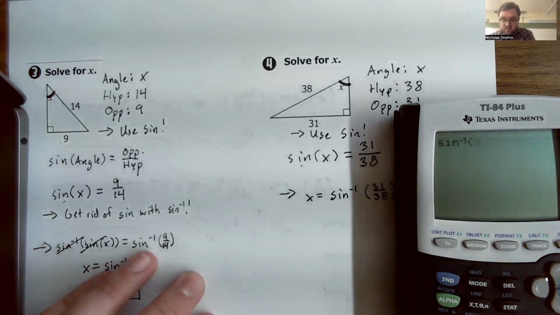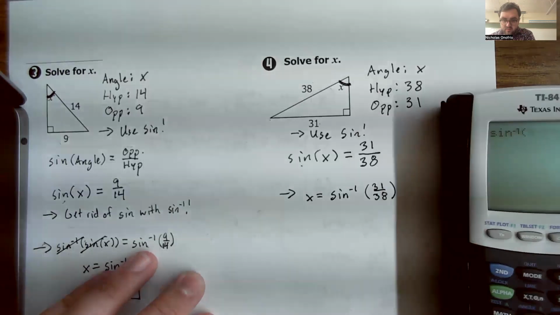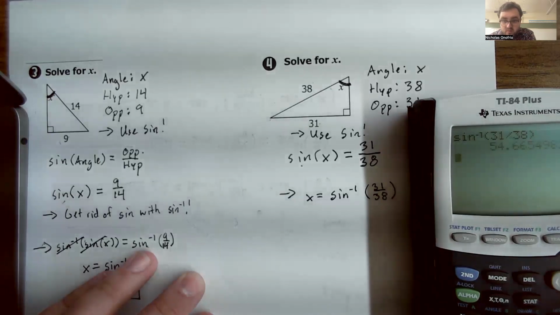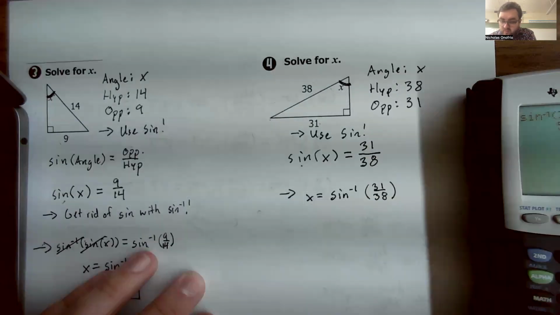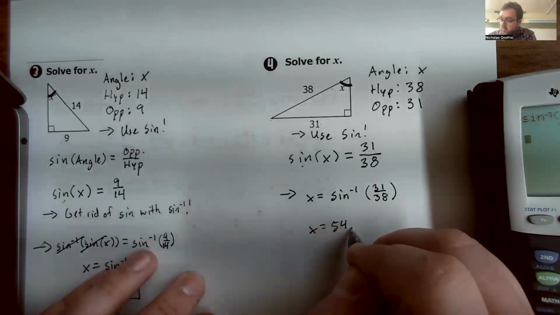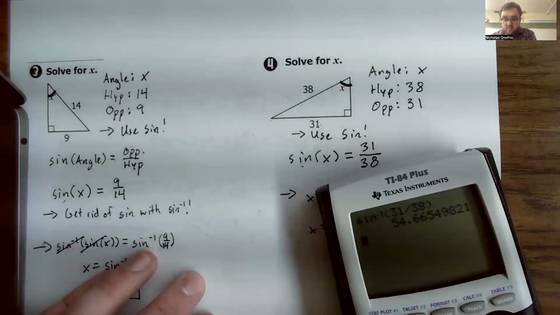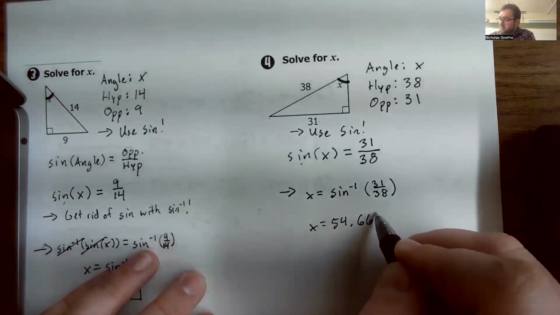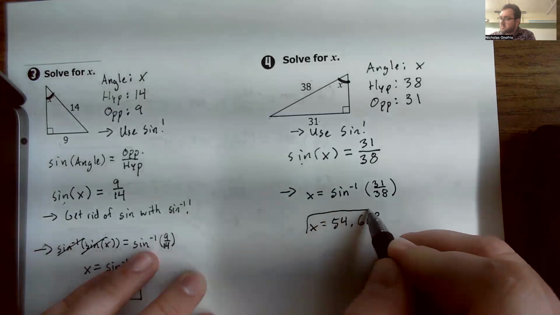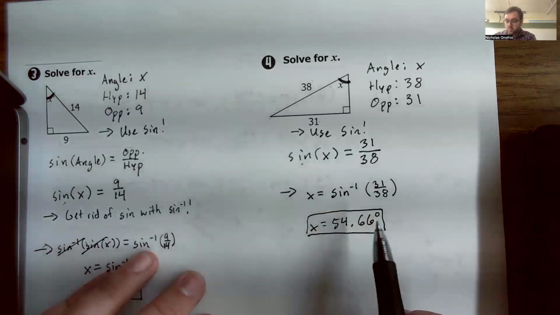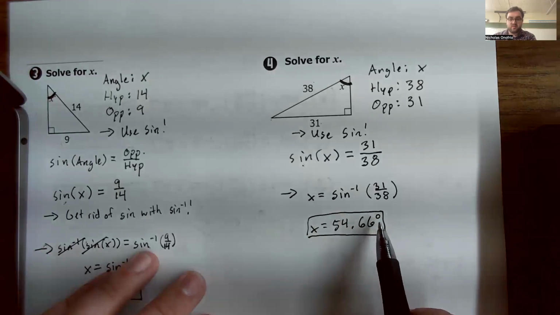Inverse sine of 31 divided by 38. It's going to give you 54.66. X equals 54.66 degrees. Notice, since we're finding angles, we have to use the little degree sign.